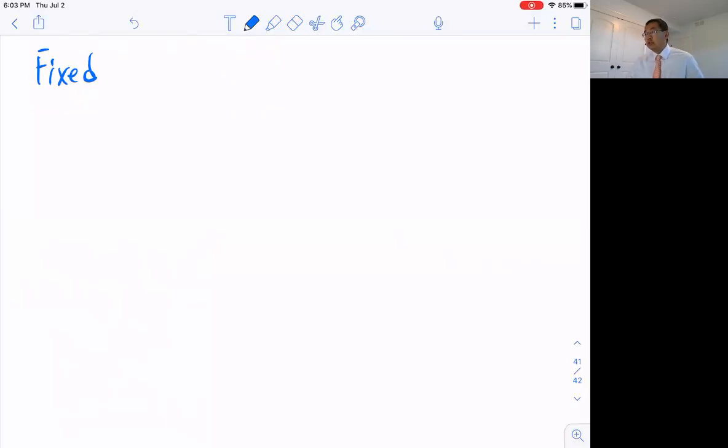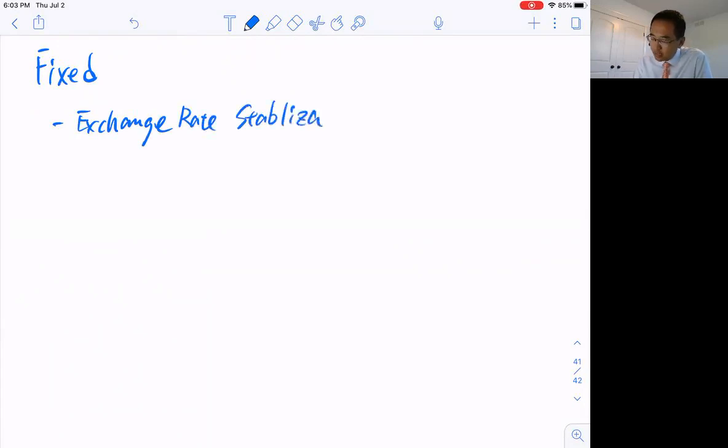So what you need to do is perform what's called exchange rate stabilization. Okay, and that means these countries have to have an exchange rate stabilization fund to do that. So they have to have enough reserves of the currency they're pegged against to manipulate the market, for example, right?